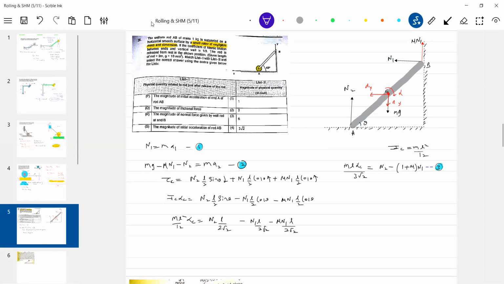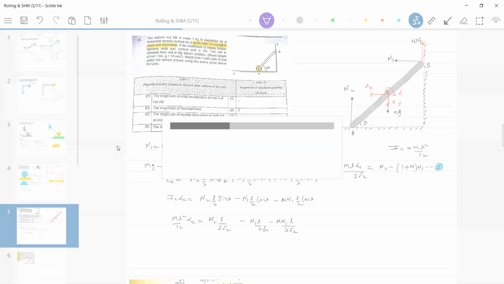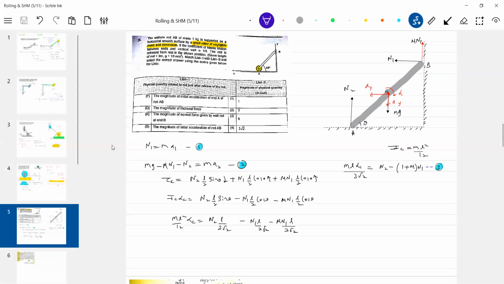Now you see it. Okay, we'll take the rod. This will be L by 2 alpha. This is theta. This is theta. So here AX and AY.